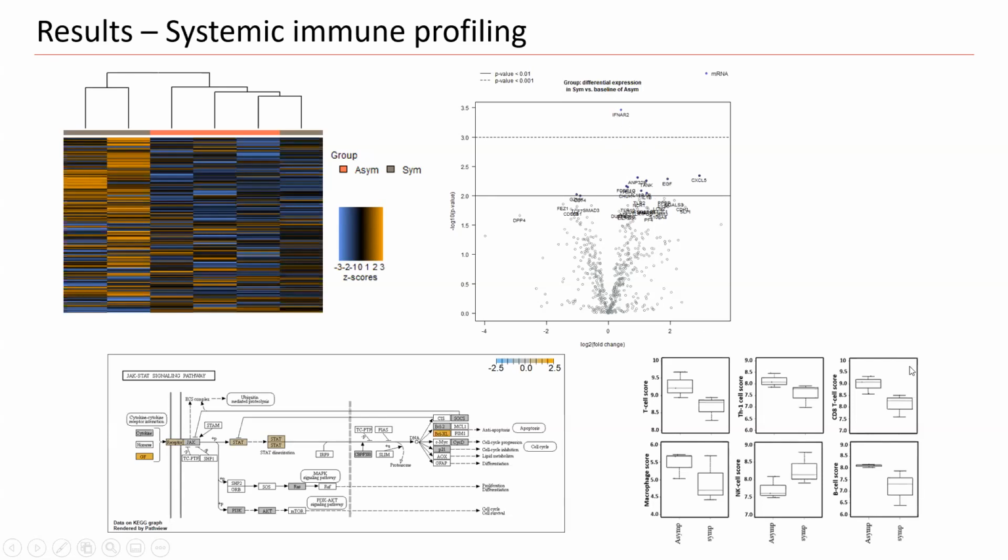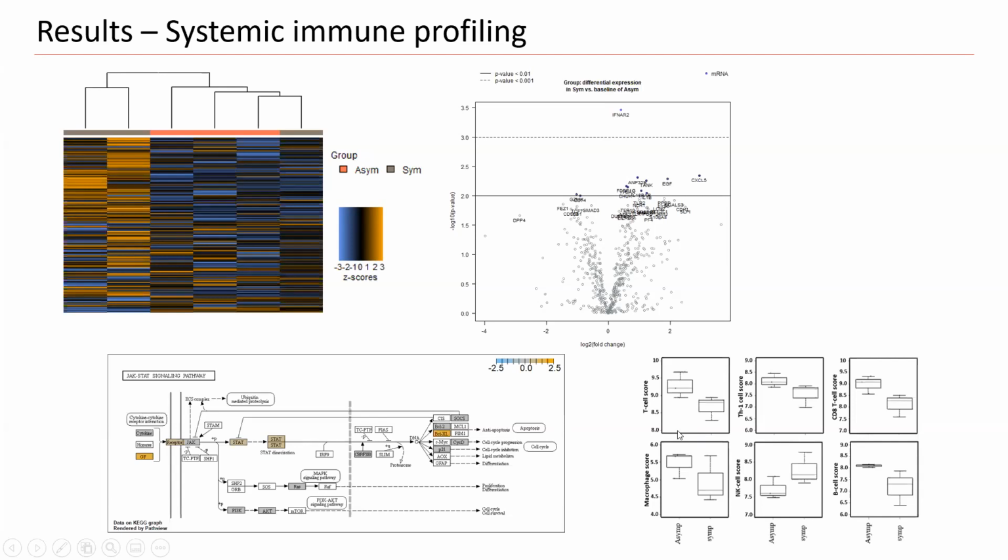Perhaps the thing that most interested us was this panel down here, which is the immune cell abundance score. So the immune cell abundance scores look at the set of immune genes in a cell and then deconvolutes that to give an immune cell score. And you can see here that in our asymptomatic individuals, we had a much stronger immune response, in particular a T helper 1 or cell-mediated immune response.